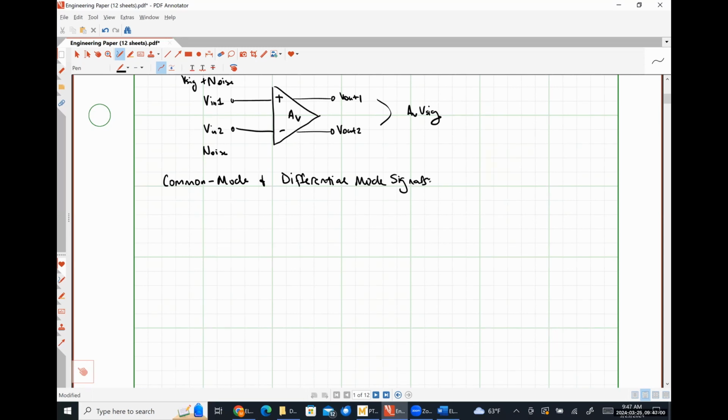So our differential signal is simply the difference of the two input or output signals.